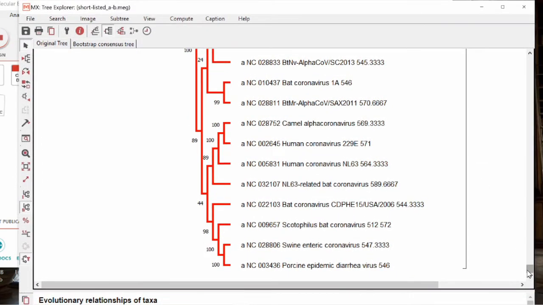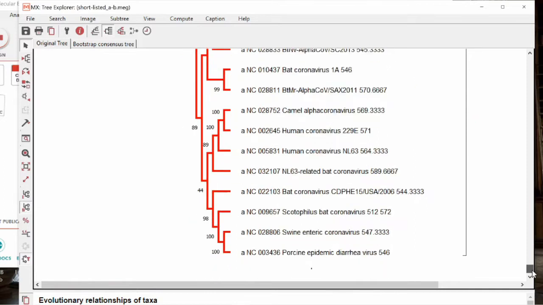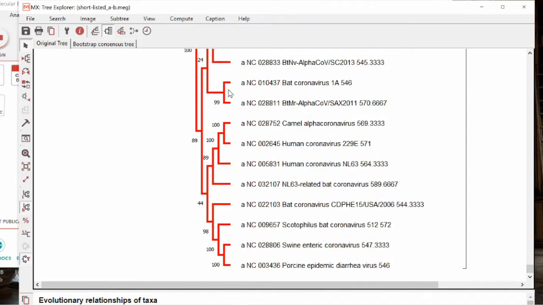Okay, let's explore. First of all, what do we have here? In the middle we have the phylogenetic tree, calculated by the neighbor joining method. Then here we have bootstrap numbers. Anything above 50 gives us some confidence that the reconstruction is correct.